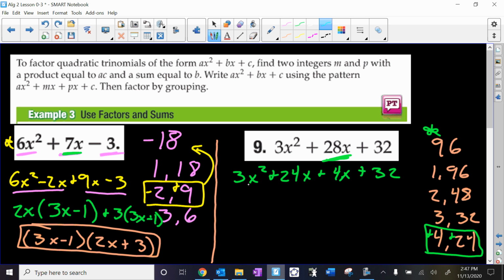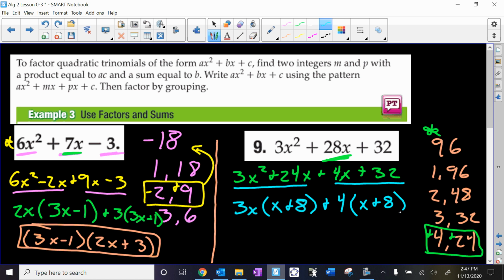And now we're going to factor by grouping again. So between my first two and my last two, the greatest common factor between 3x squared and 24x is going to be 3x, leaving me with x plus 8. And my greatest common factor between 4x and 32 over here is going to be 4, leaving me with x plus 8 again.